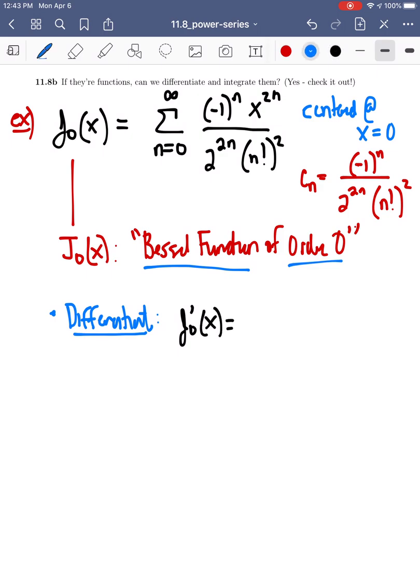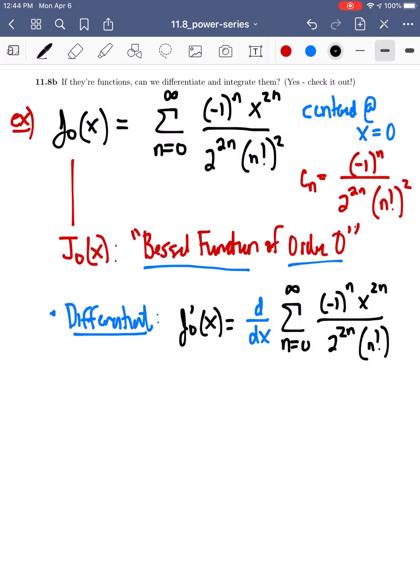When we want to differentiate this power series, we're thinking about differentiating it with respect to x. So we can bring that derivative inside of our summation.